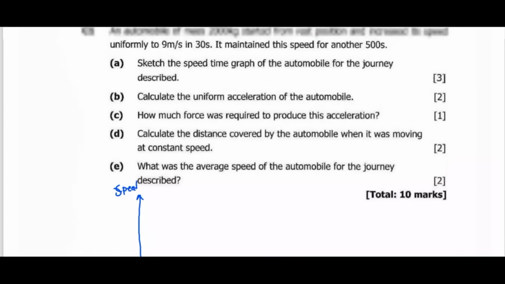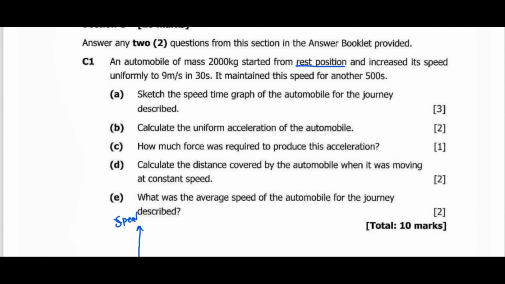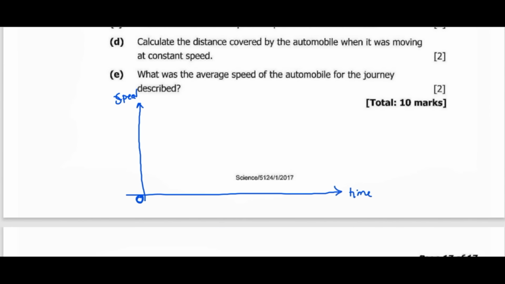It increases its speed uniformly to 9 meters per second in 30 seconds. Whenever we have uniformly, we need to draw a straight line, or we have a constant acceleration. So this means it reached the speed of 9 meters per second in a time of 30 seconds.